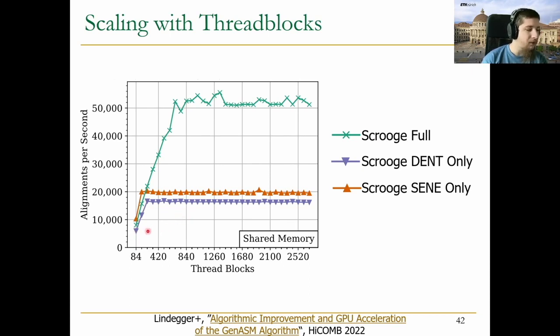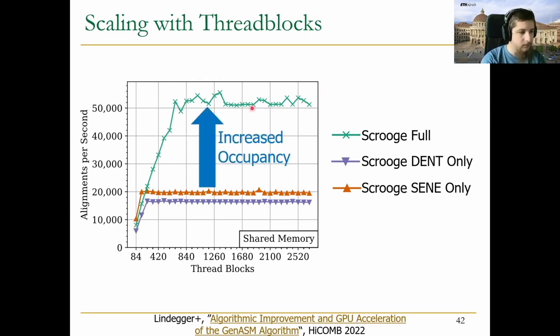If you could run it though, the bare-bones GNASM would only scale to 1 thread block per SM, which would be a line down here, as that's basically where these lines start out. So really the gap from down here or down here to up here is the increased occupancy.